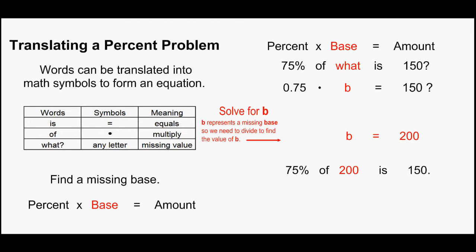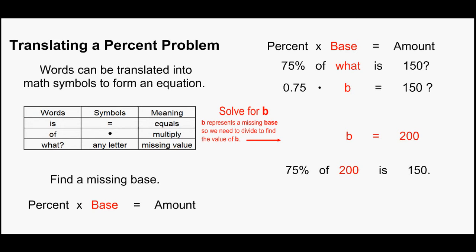Let's look at another example. 75% of what is 150? Translate 75% as 75 hundredths, of as multiplication, and what as the variable B representing our missing base. Is translates to equals, our amount 150.